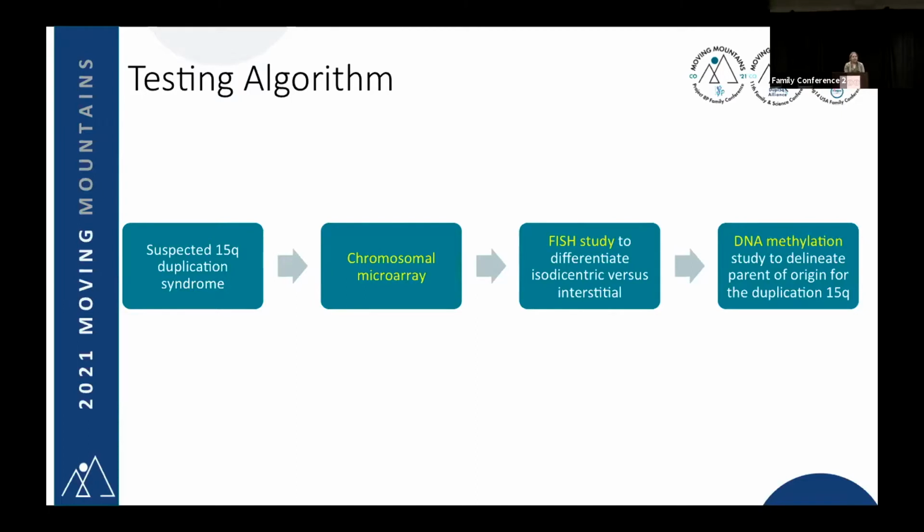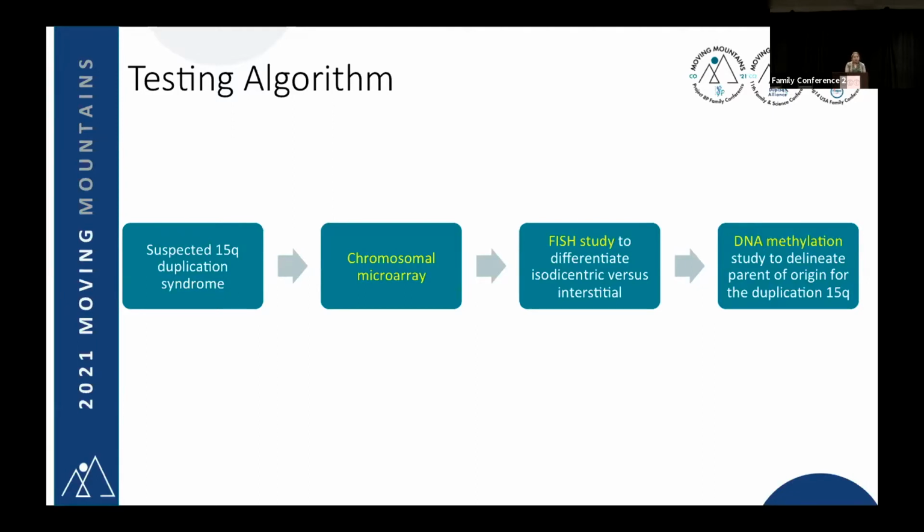I would just add to that, that if you do determine that the duplication originates from the dad's copy, or paternal copy, and the clinical features are outside of what you would expect, although we can see some features like mild autism or delays in development, it is also worthwhile to consider additional testing.